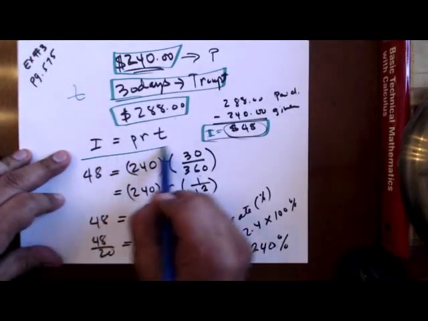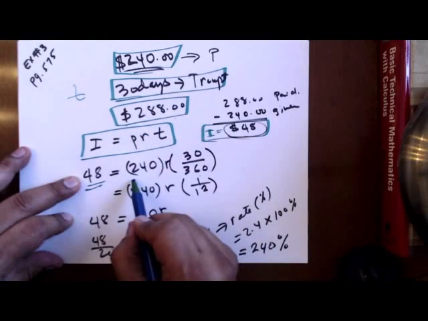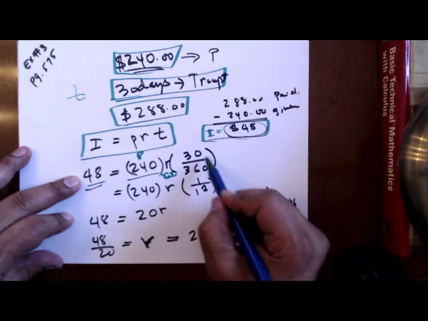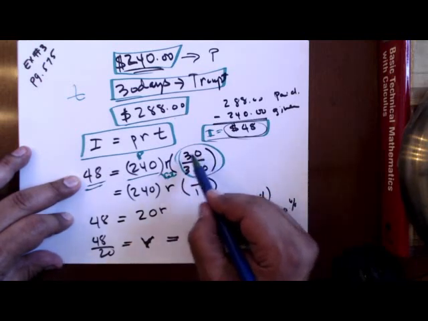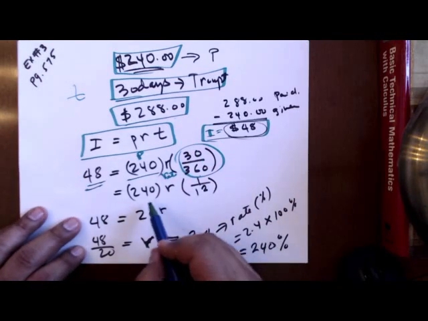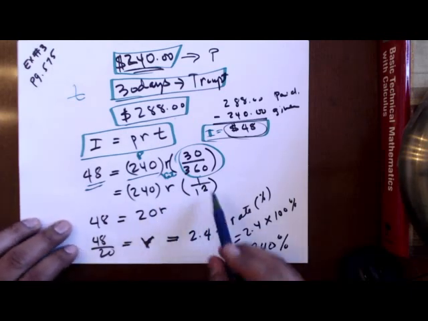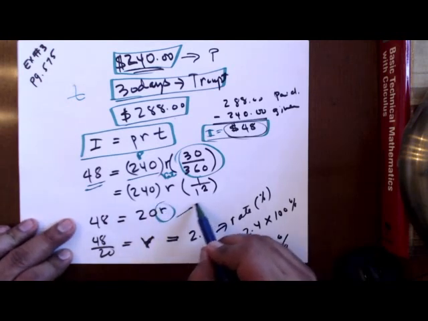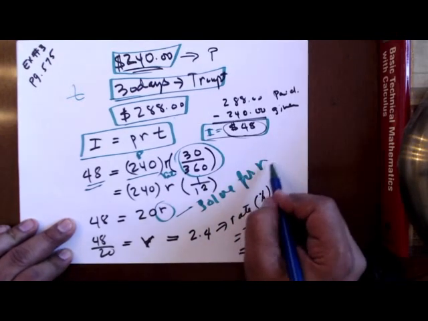So we remember to use our formula. We plug the interest here, the 240, which is our P, the rate, right? And then here is the time, right? 30 days divided by 360 days, which turns out to be 1/12. And then from here, we just do the arithmetic, and we solve for R, which is the rate, right?